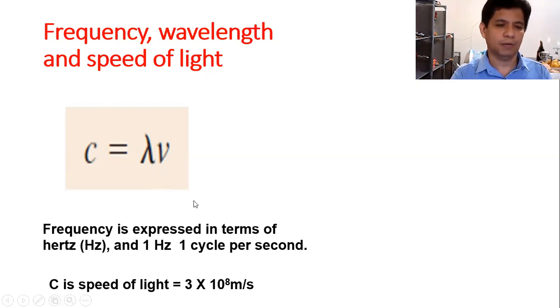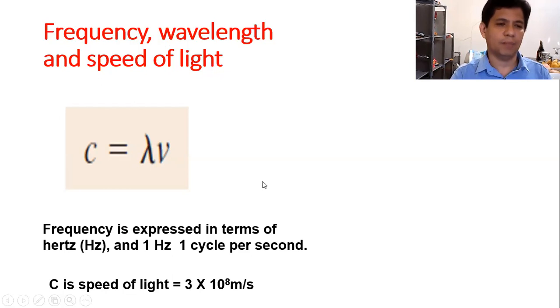Speed of light is constant. So, 3 times 10 to the 8 meter per second. Halimbawa, itong wavelength is nanometer, pinalitan yung nano ng times 10 to the minus 9 meters na lang. Tapos, ito naman, per second. Yung hertz is 1 cycle per second. So, that's how we operate this equation.